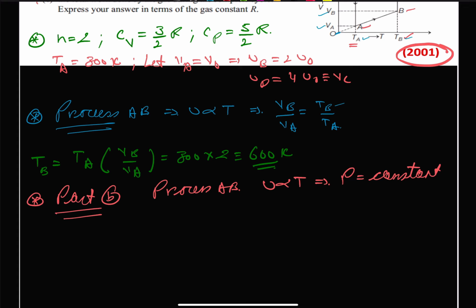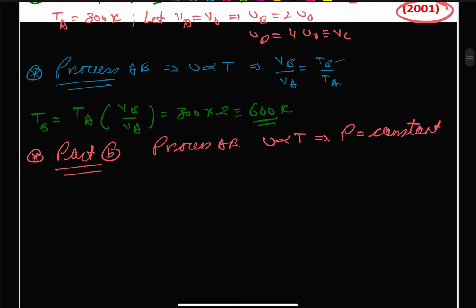Therefore, QAB will be equal to N CP times the temperature difference, TB minus TA.